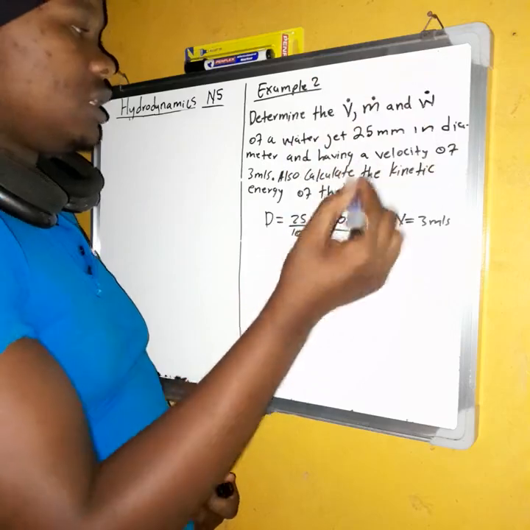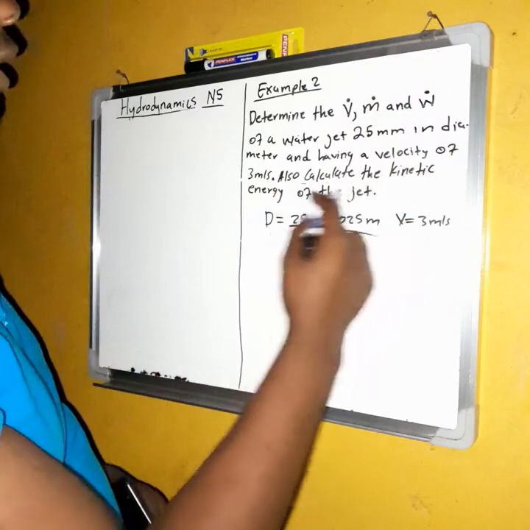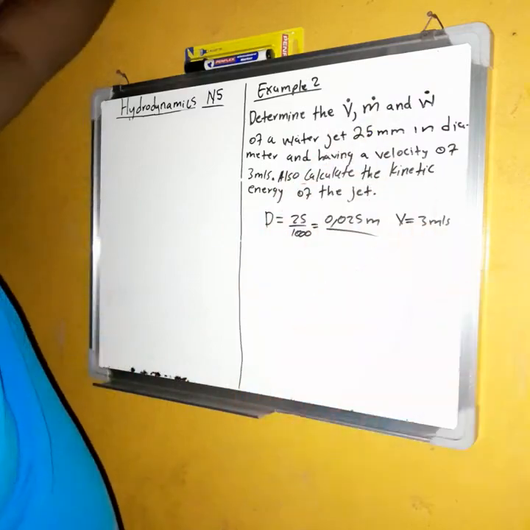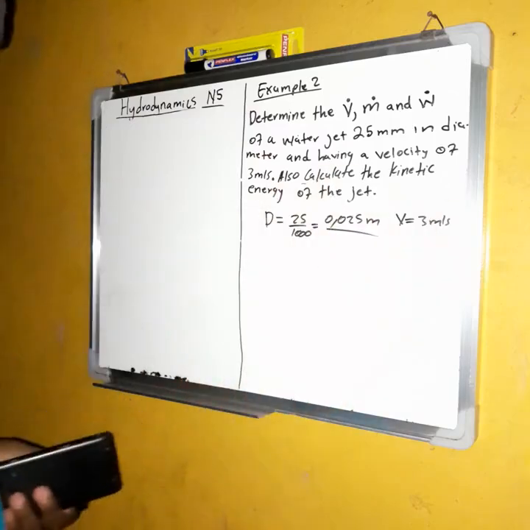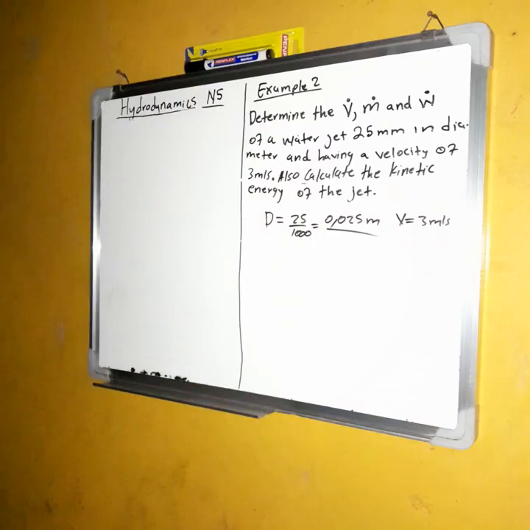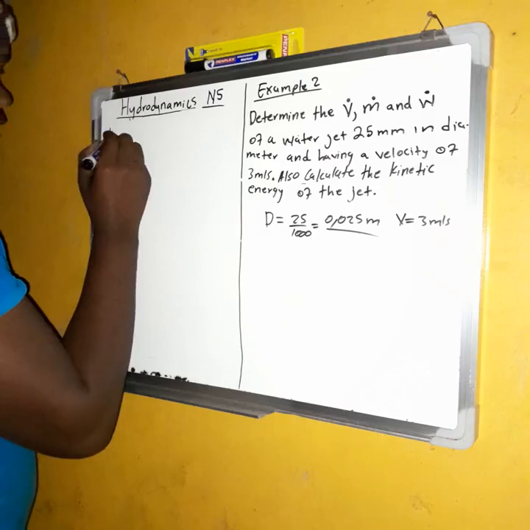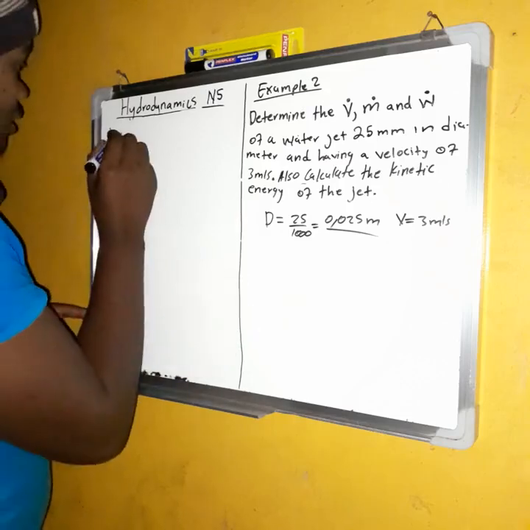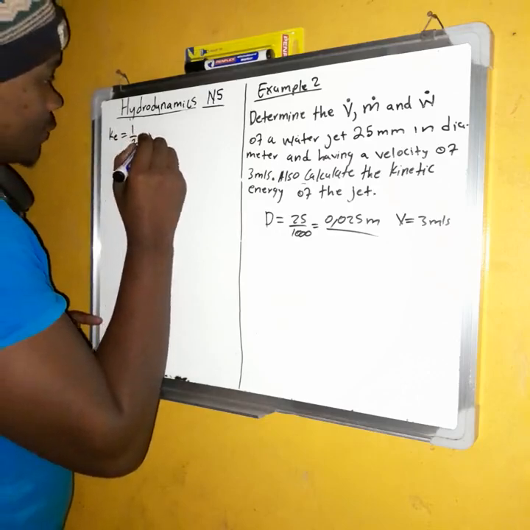And then calculate the kinetic energy. You know the kinetic energy, isn't it? Briefly, you must remember that kinetic energy is 1/2 mass times velocity squared.